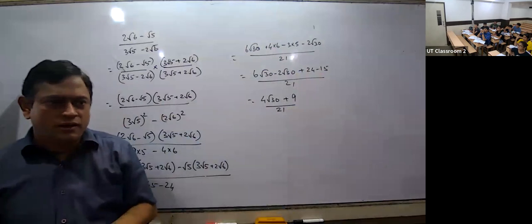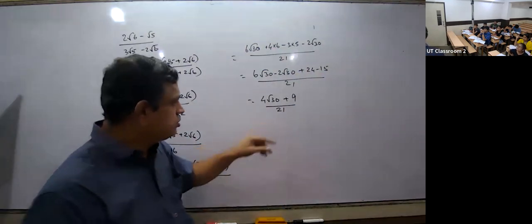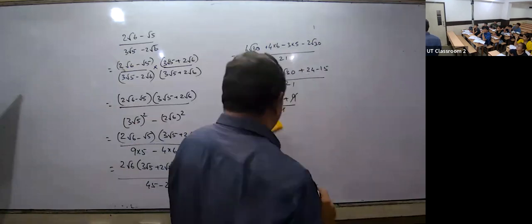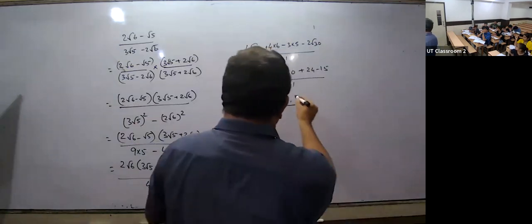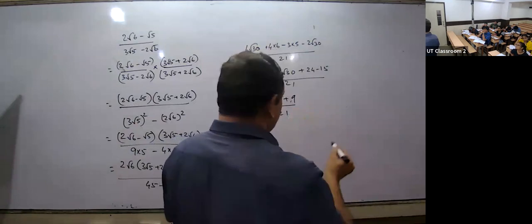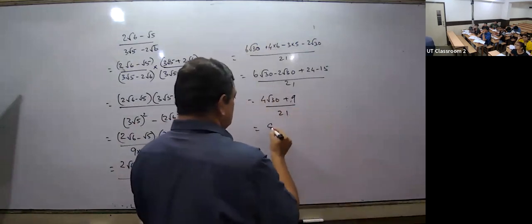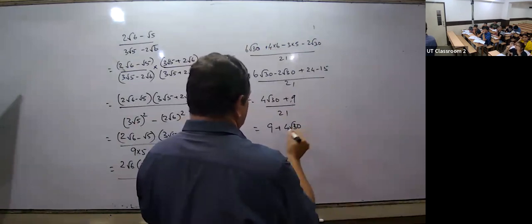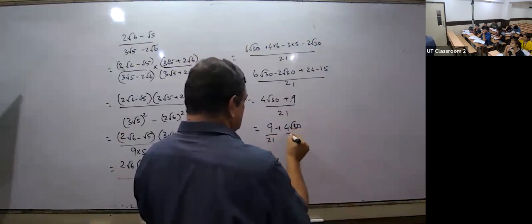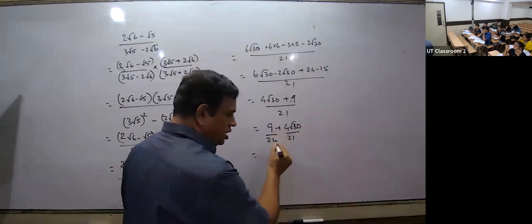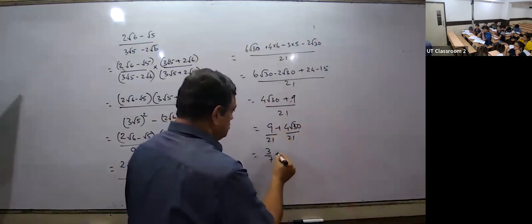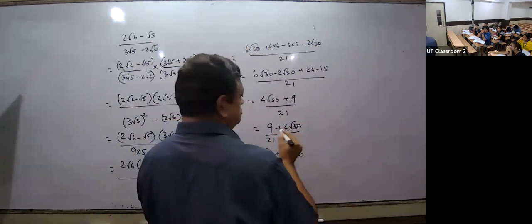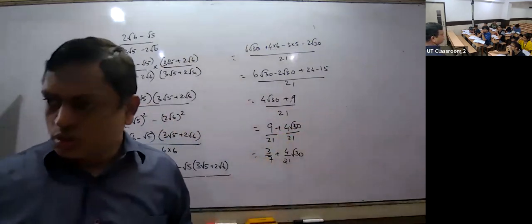So can we simplify 9 and 21, can you cancel this way? No. Generally we write the root term, and this also is an answer. Or if you want to write 9 plus 4 root 30 divided by 21 this way, then you can cancel 3 by 7 plus 4 by 21 root 30. This way you have to write.